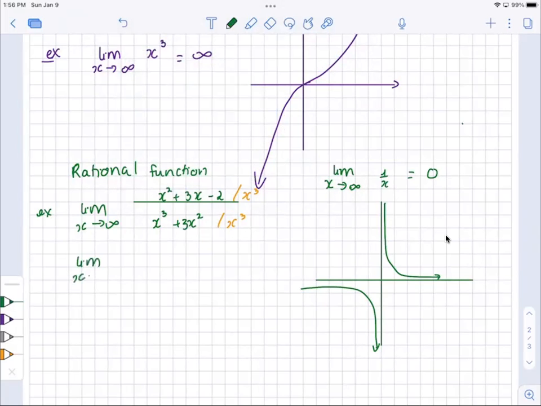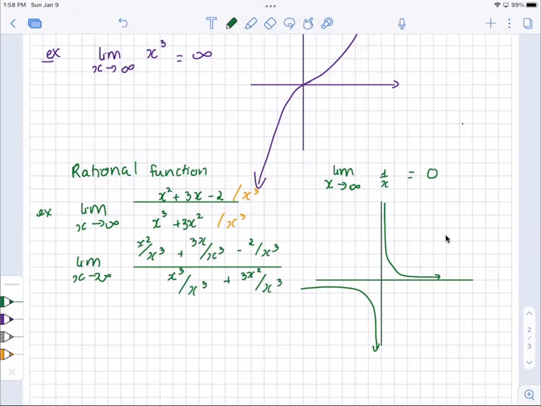The limit as x approaches infinity of x squared divided by x to the third plus 3x divided by x to the third minus 2 divided by x to the third. That's the numerator, and the denominator is x to the third divided by x to the third plus 3x squared divided by x to the third.